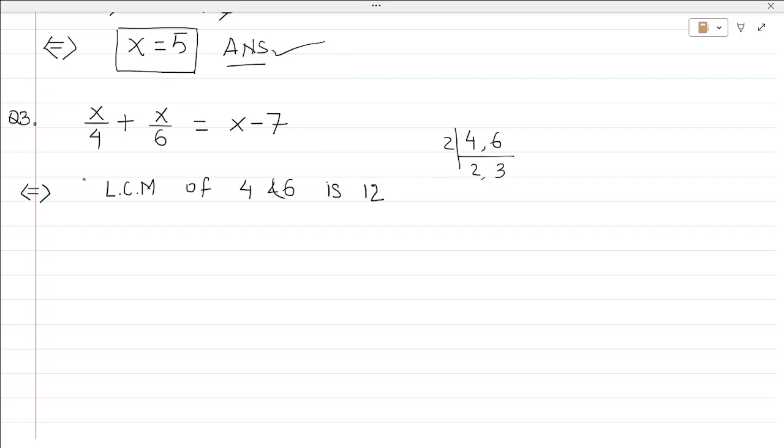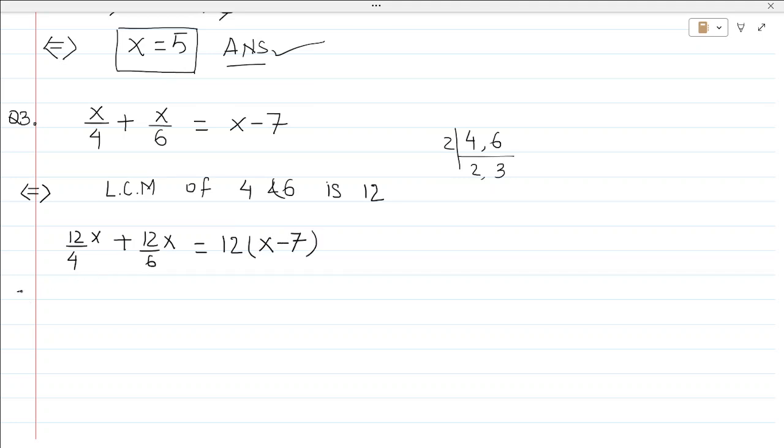So multiplying both the sides with 12, we can write 12x upon 4 plus 12x upon 6 is equal to 12x minus 7.